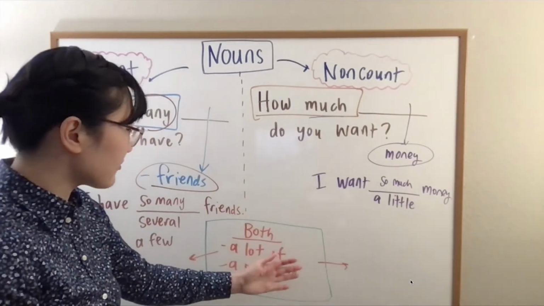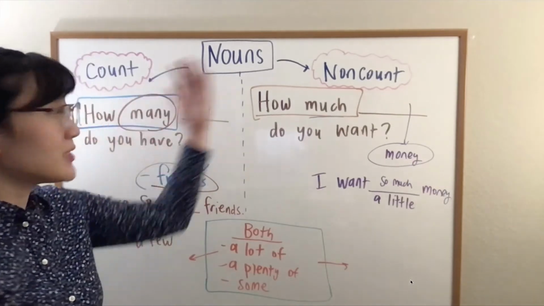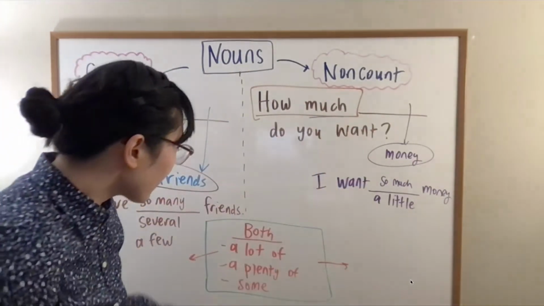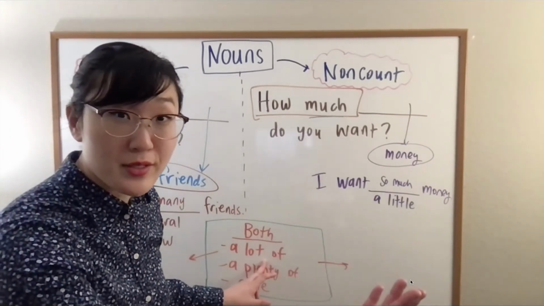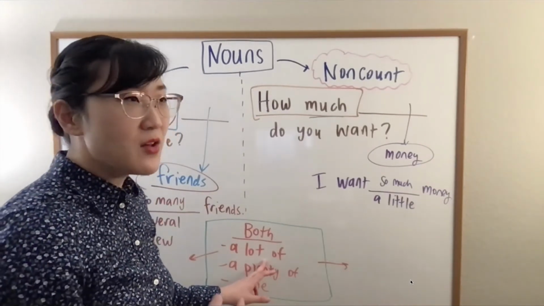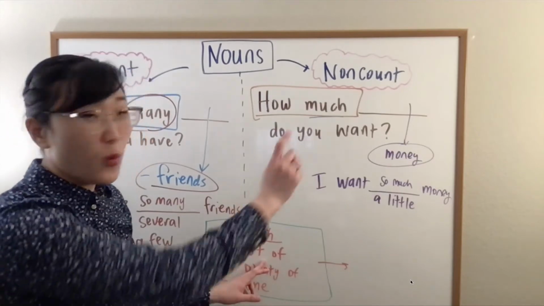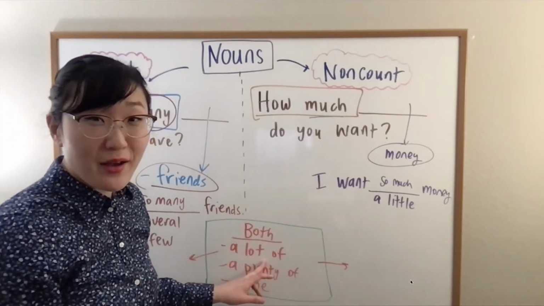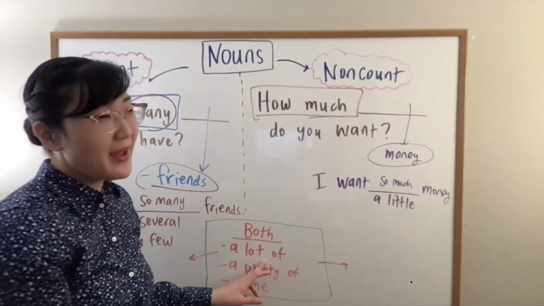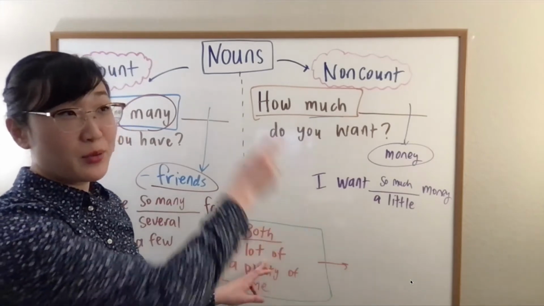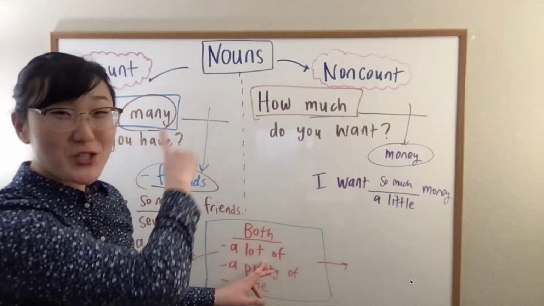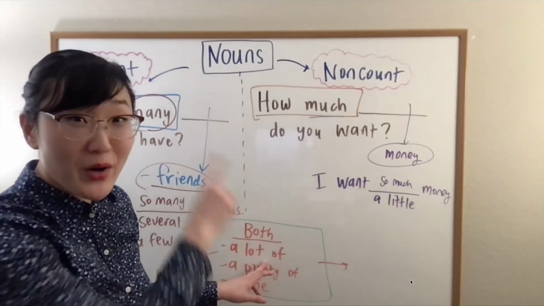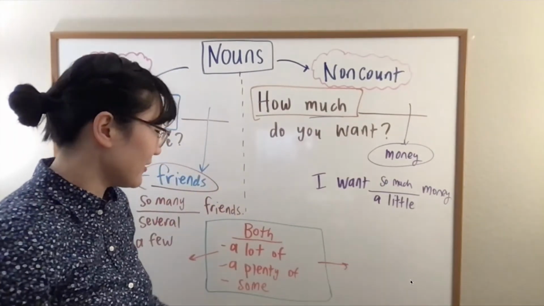All three of these phrases can be used for count and non-count. So for example, I have a lot of clothes. Okay. I have a lot of homework. I have a lot of time. I have a lot of problems, car problems. I have a lot of shoes. I have a lot of books and movies, right?